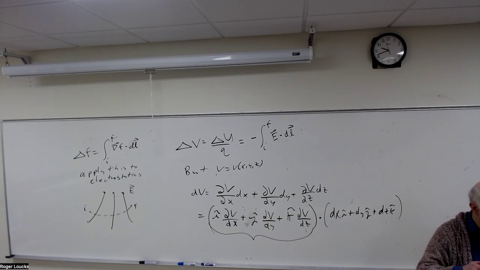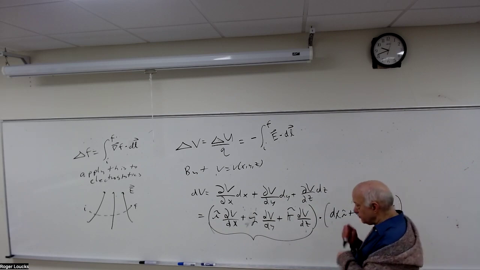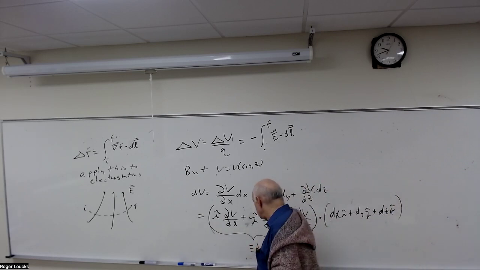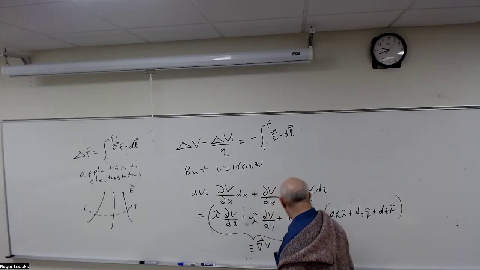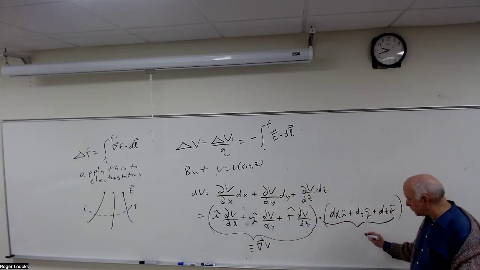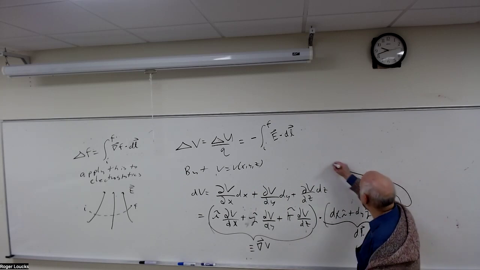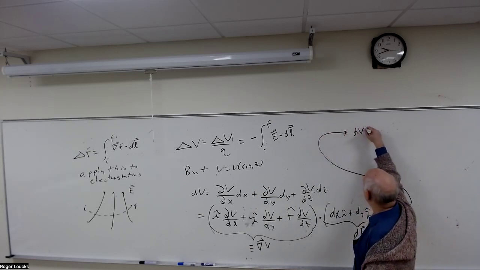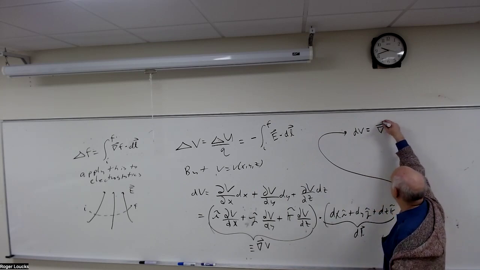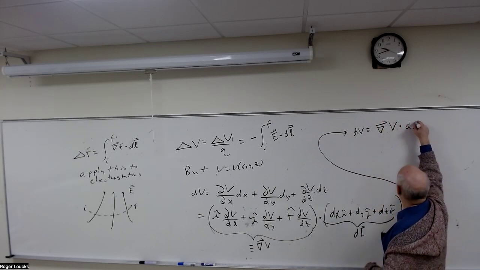That is our definition of the gradient of V. And this is going to be my little dL. What this tells me then is that the change in the voltage here is nothing but the gradient of V dotted with dL.